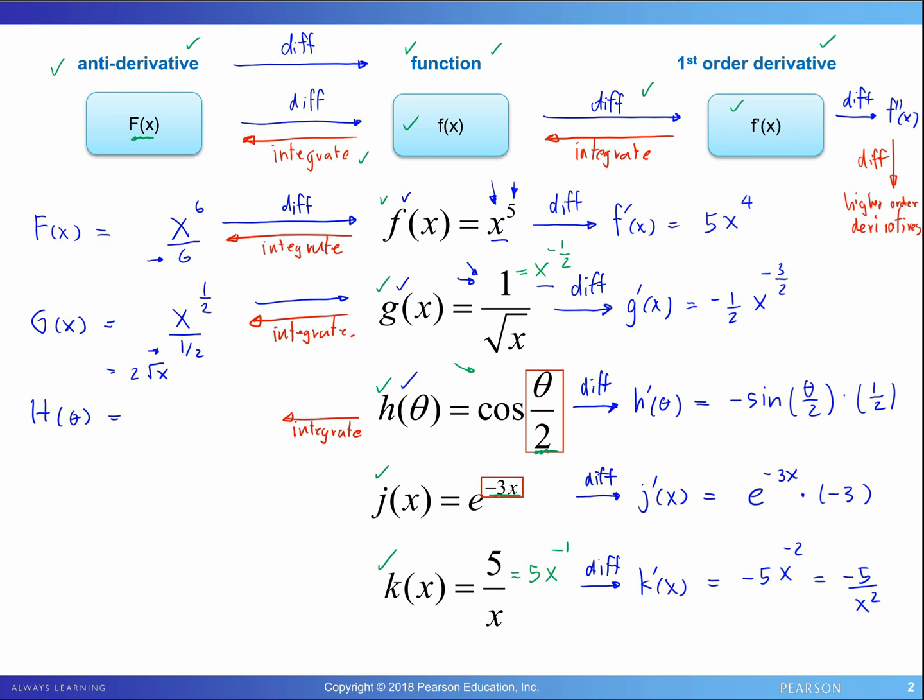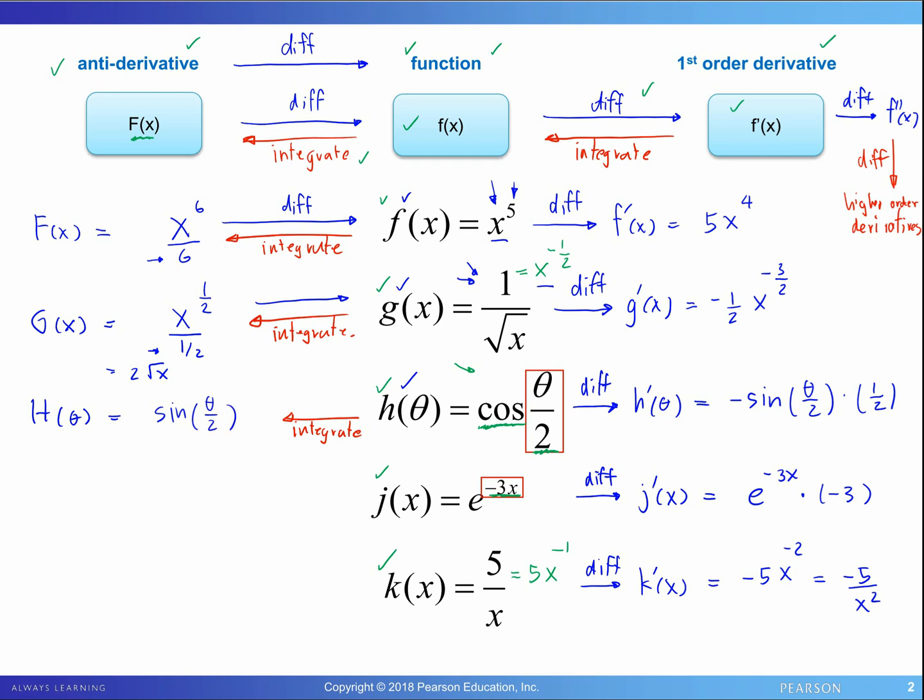So we ask ourselves, what do we need to diff in order to get cosine? And as you know, we need to diff sine in order to get cosine. So definitely we are going to have this sine right here. And now we leave what's inside cosine and sine alone, so that it doesn't change. Theta over 2.